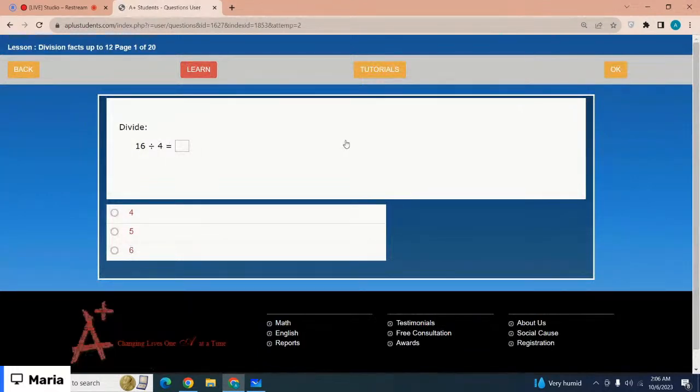16 divided by 4 equals, which is the correct option? 4, 5, 6.